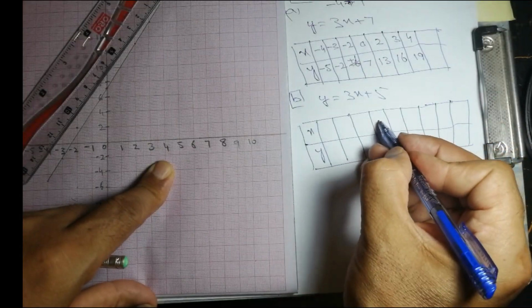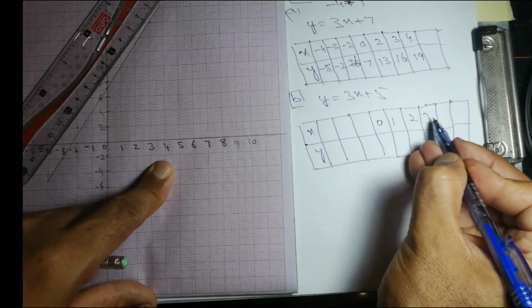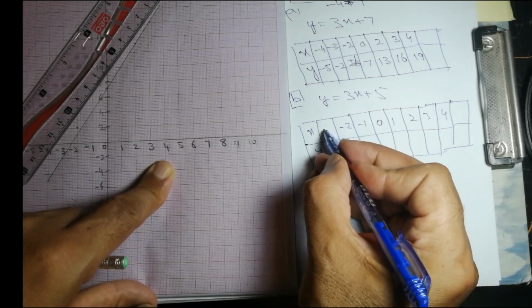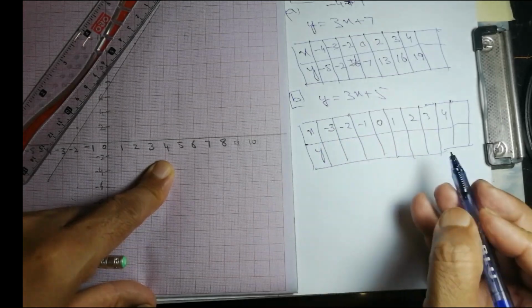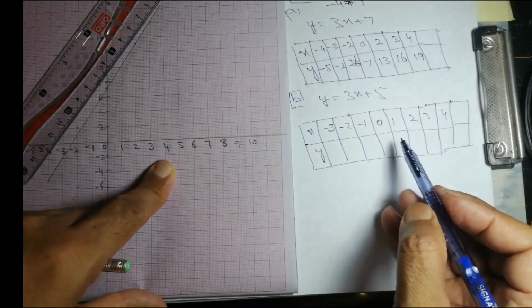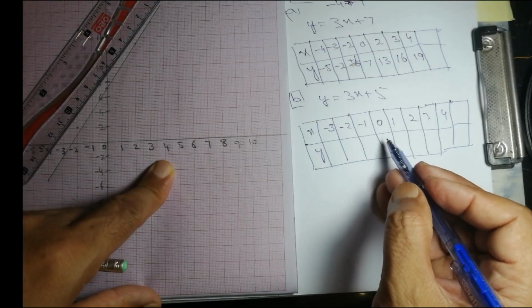In the middle somewhere we can write 0, then 1, 2, 3, 4, and here minus 1, minus 2, minus 3. I left minus 4 because, as I mentioned, 2, 3, 4 points are sufficient for drawing the line.